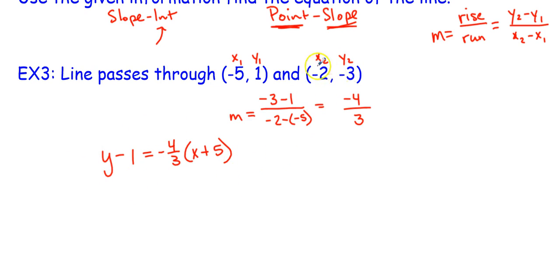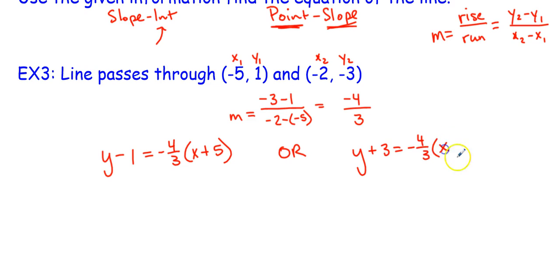I could also plug in this point over here. It doesn't actually matter what point I plug in. So I'm going to take my y and subtract my y value here. So that turns into a minus a -3, turns into a positive. The slope stays the same.